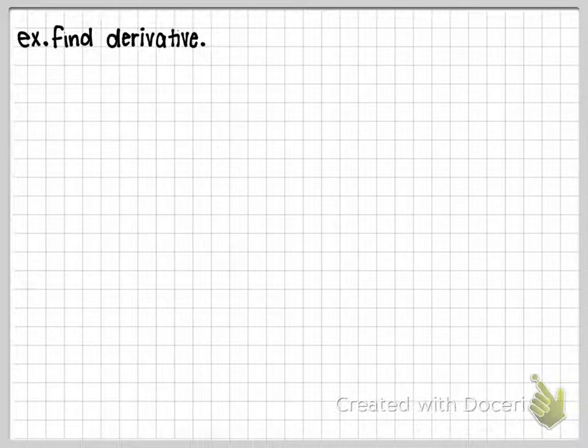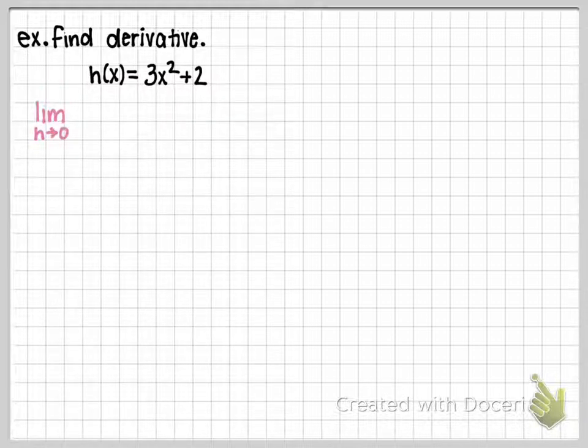So here, let's try this function. Our function is going to be h of x, and it's going to be equal to 3x squared plus 2. So we're going to use that difference quotient formula. The limit as h approaches 0 of, remember we have f of x plus h.